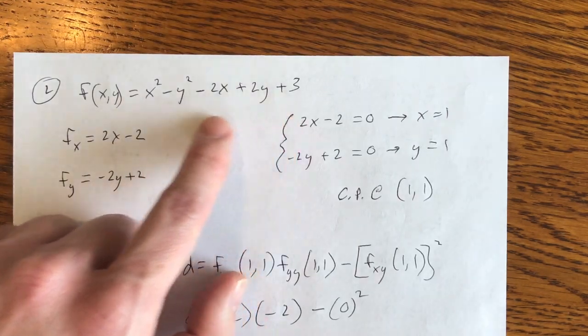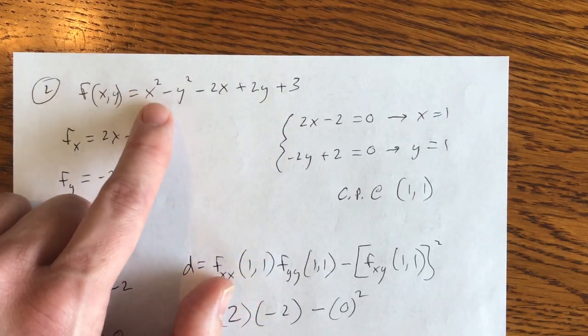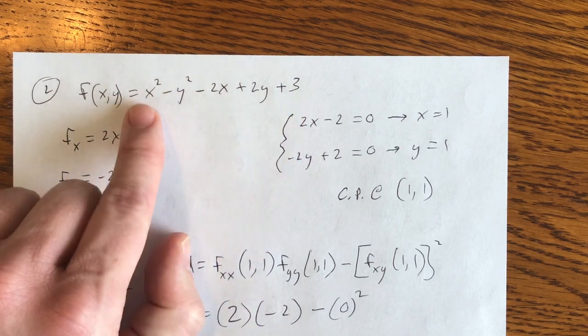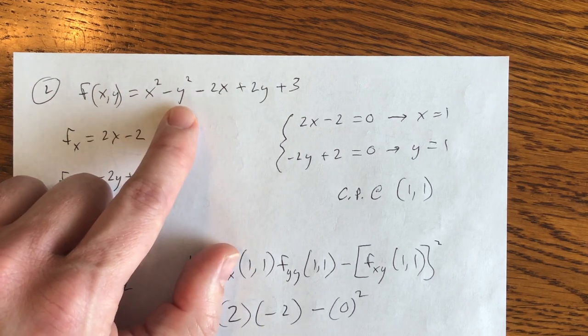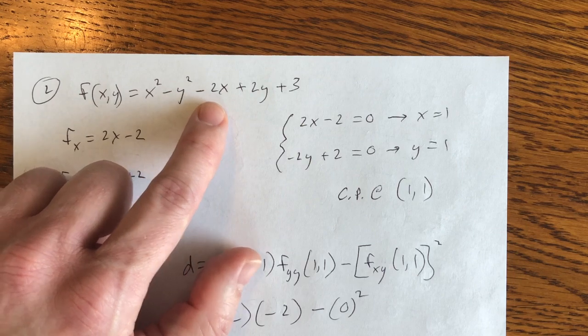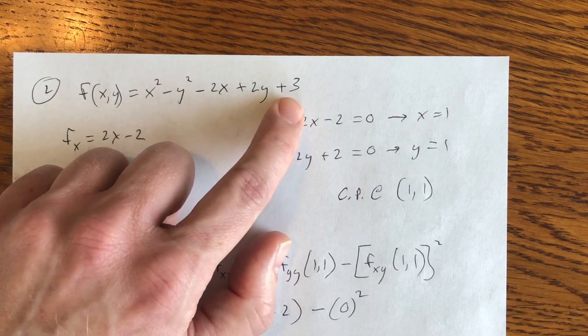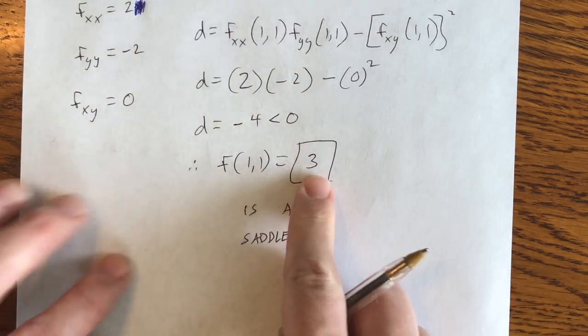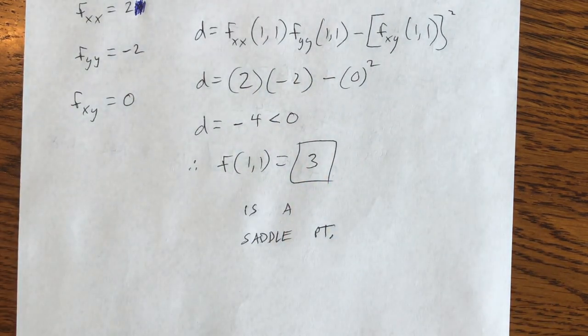Oh, you plug it in. So we get 1 squared, 1, minus 1 squared, 1, minus 2 plus 3. That's 1 minus 1, that's 0. Minus 2, that's negative 2. Negative 2 plus 2 is 0. 0 plus 3 is 3. So it's actually an ordered triple, 1, 1, 3, giving us at that point what is called a saddle point.